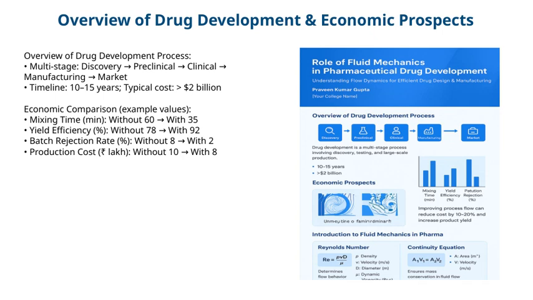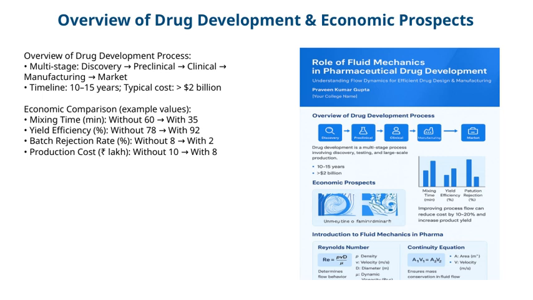The drug development process is quite complex and involves multiple stages. It starts with discovery, where potential drug candidates are identified. This is followed by preclinical testing, which involves laboratory and animal studies to evaluate safety and efficacy. Next comes clinical trials involving human subjects, which are typically divided into multiple phases to assess safety, dosage, and effectiveness.